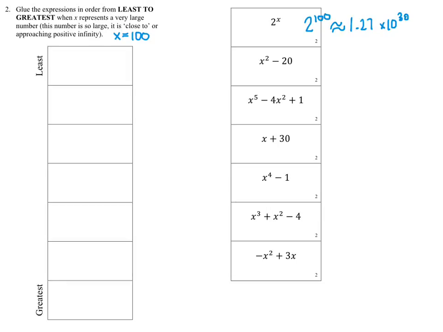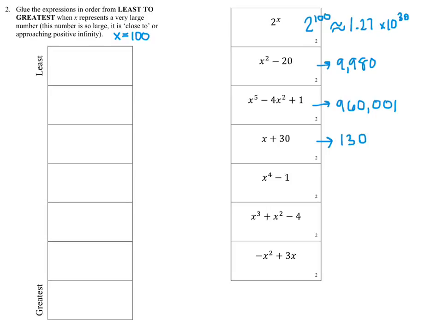When I plug 100 in for x squared minus 20, that gives me 9,980. When I plug in for the next one, that gives me 960,001. X plus 30 gives me 130.